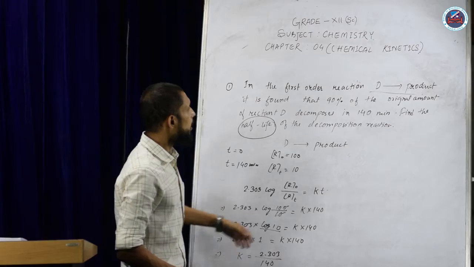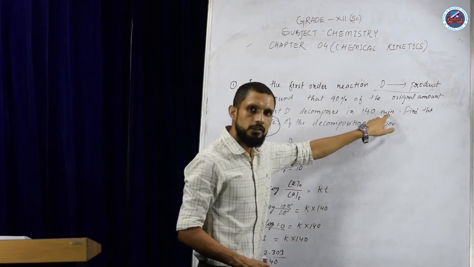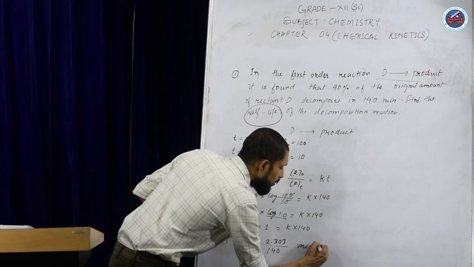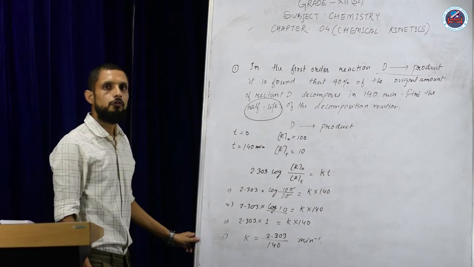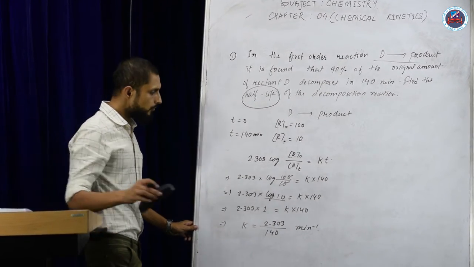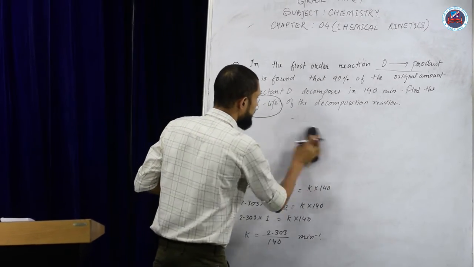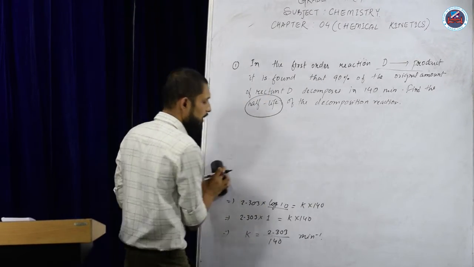Now since the unit of time is minute, the unit of rate constant here will be per minute for first order reaction. Next, let us use the half-life equation for first order to find out the half-life time.